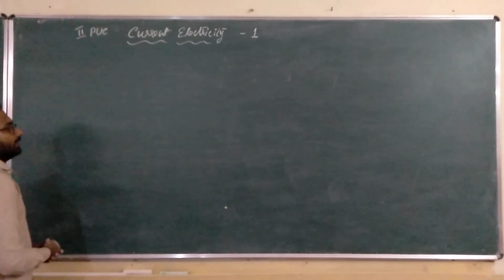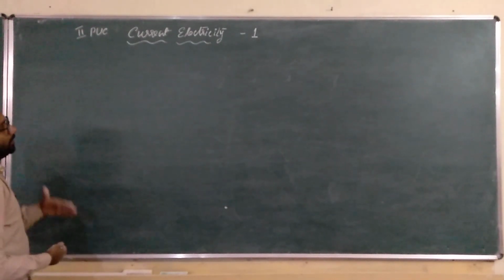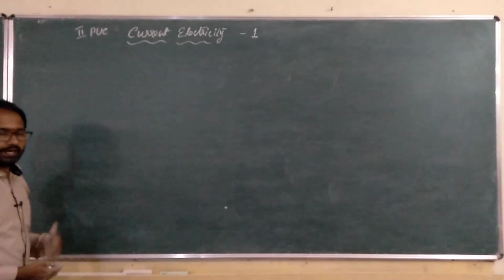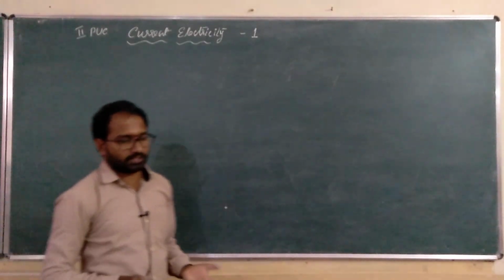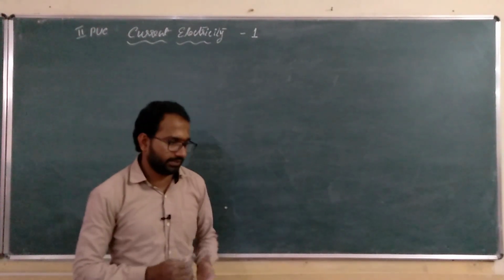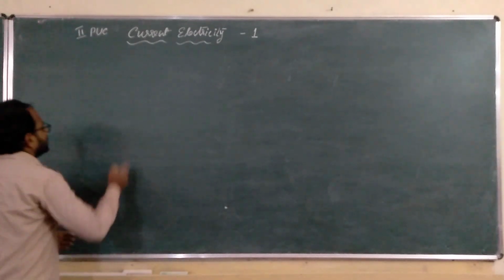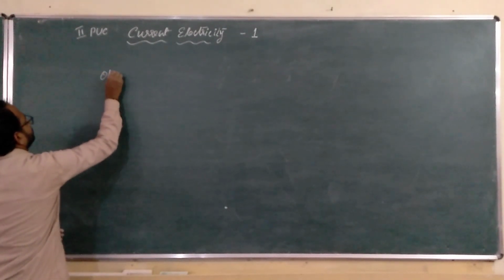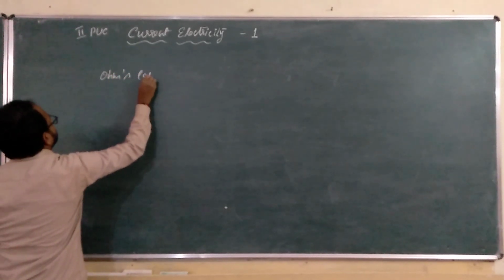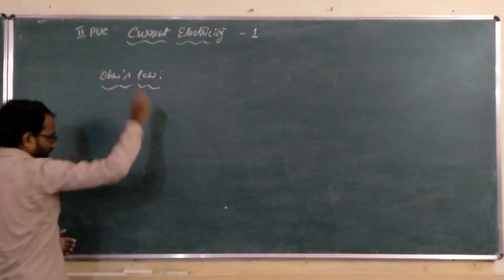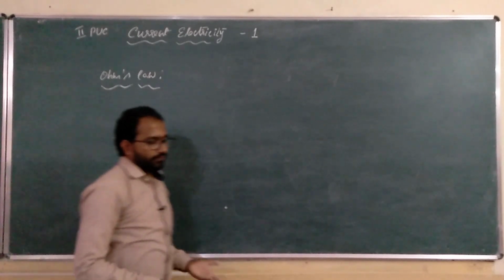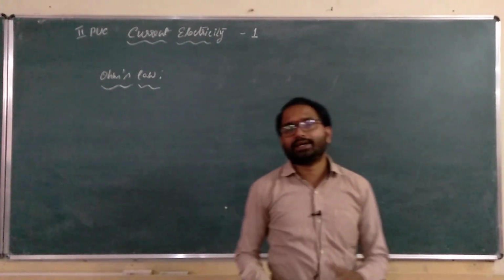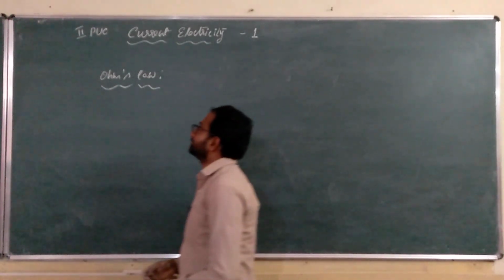That relationship between the voltage across the conductor and the current flowing through the conductor is given by what is called Ohm's law. So, Ohm's law gives the relationship between the voltage across the conductor and the current flowing through the conductor.